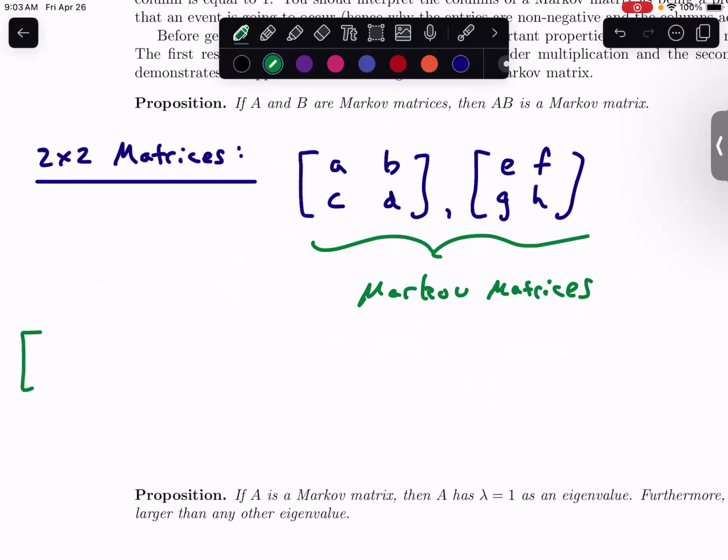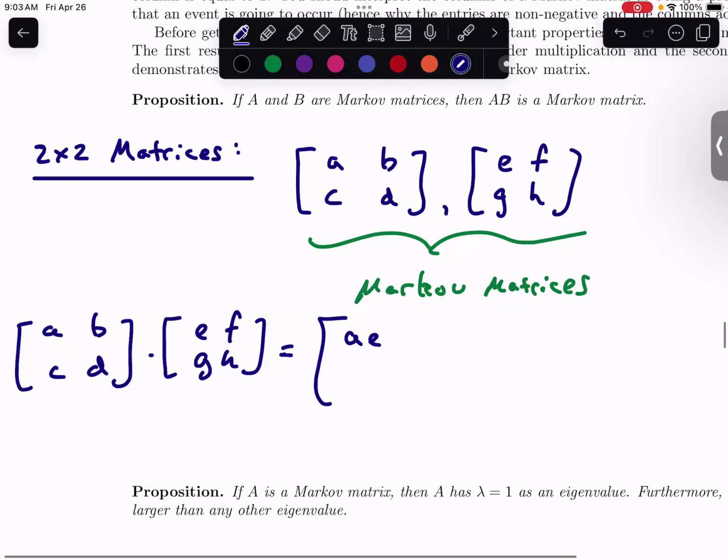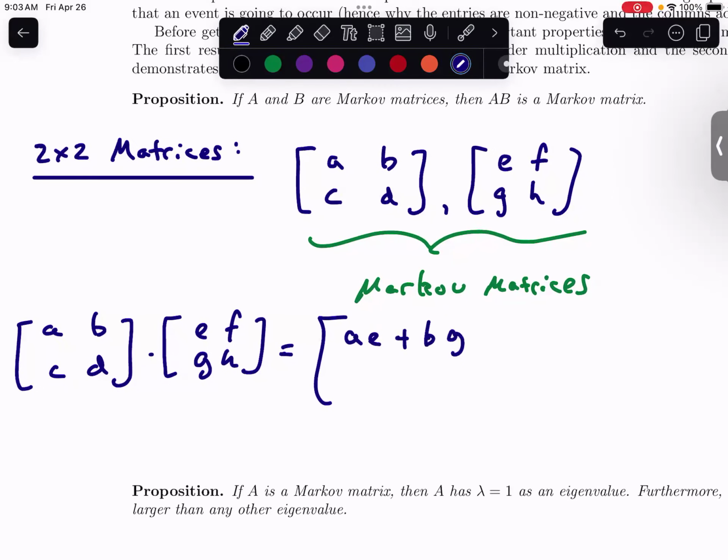So this is A, B, C, D multiplied by E, F, G, H. The product gives AE plus BG as the first entry, AF plus BH as the 1-2 entry, CE plus DG in the 2-1 entry, and CF plus DH for the 2-2 entry.